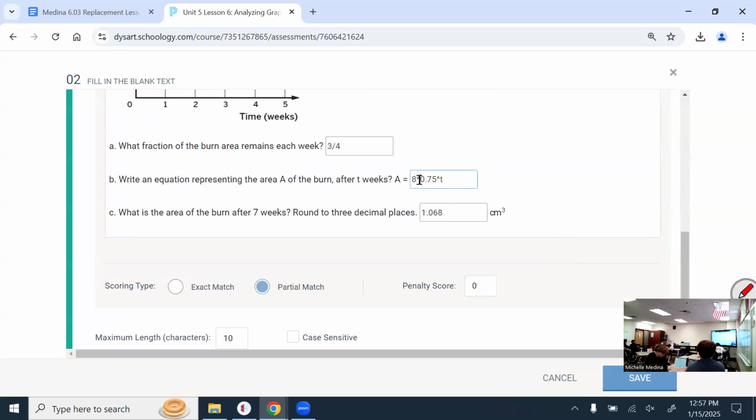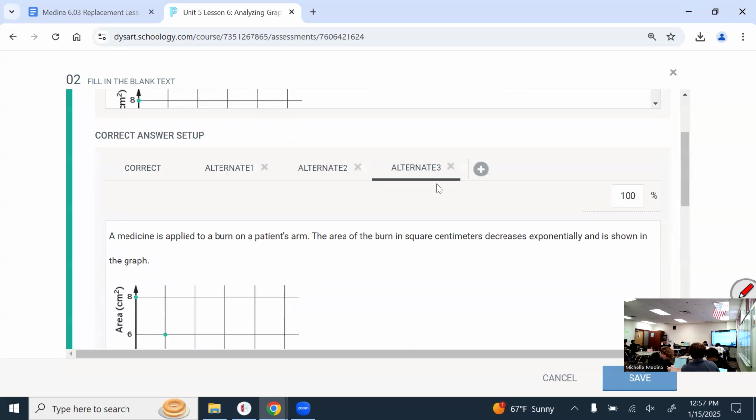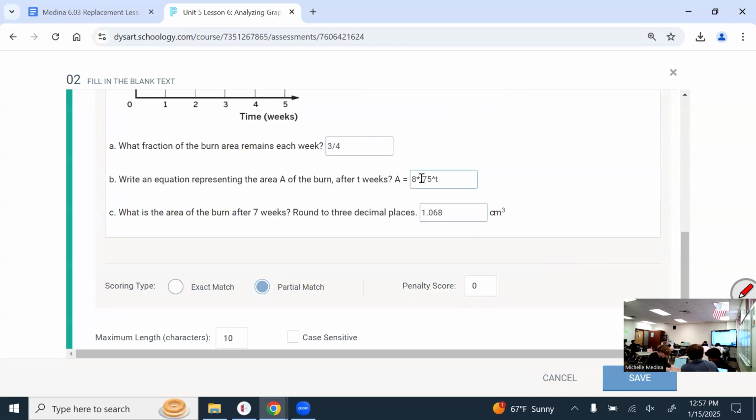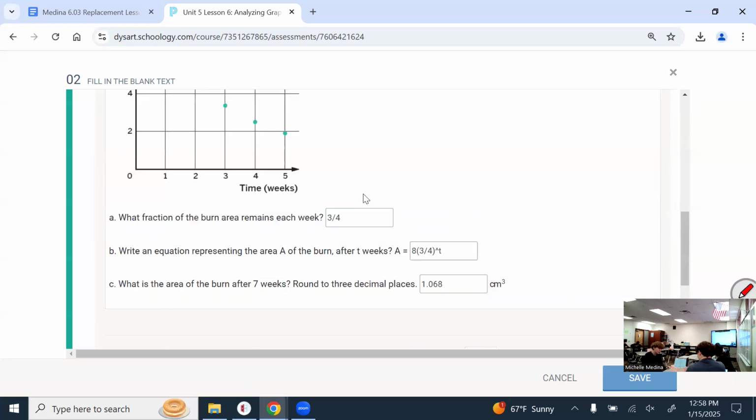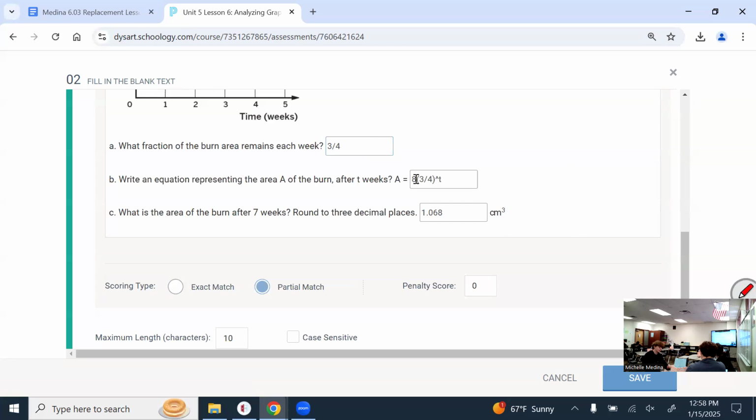It could be just this star for the multiplication without the parentheses. But again, I wouldn't recommend that. And then they have the decimal of it, but they don't have every single variation that you could have possibly done. So if it marked it wrong and you just want me to give you the point back because it's actually right, then I'll give it to you. But otherwise, write it this way, which to me is the most normal way.